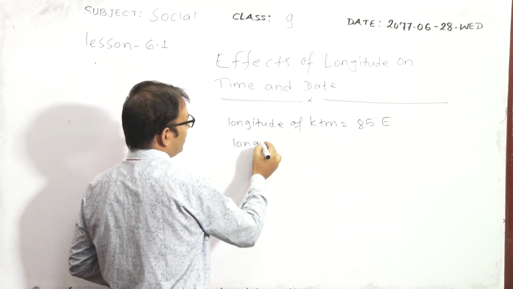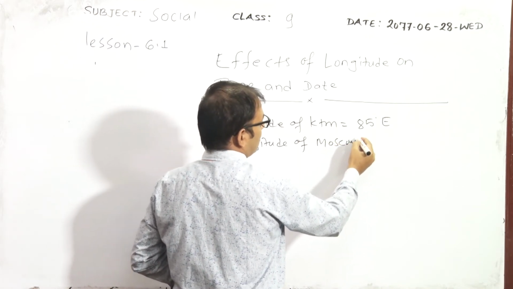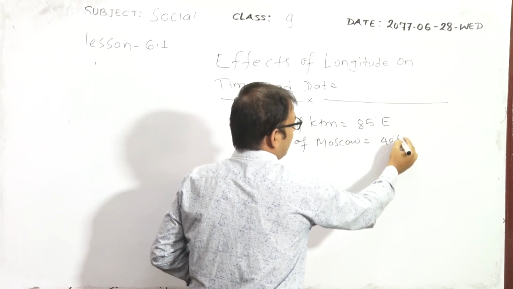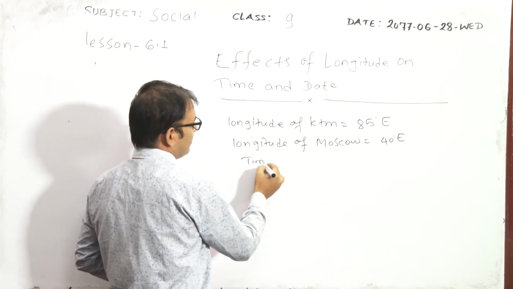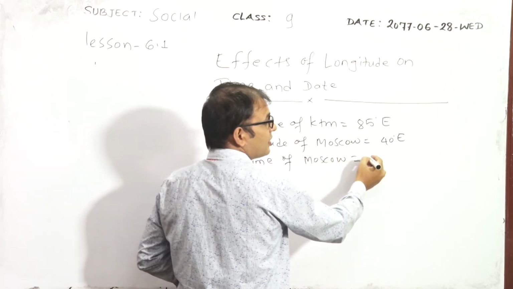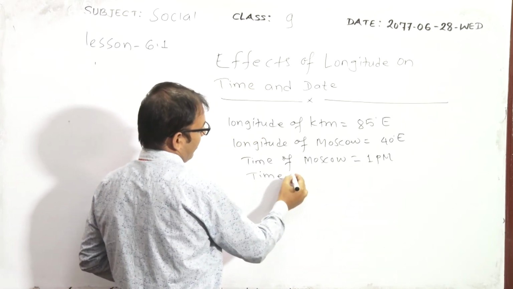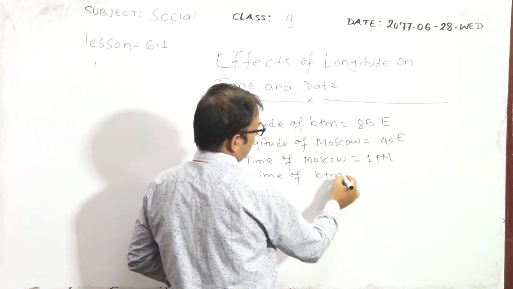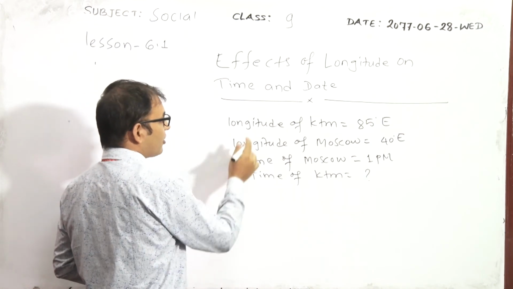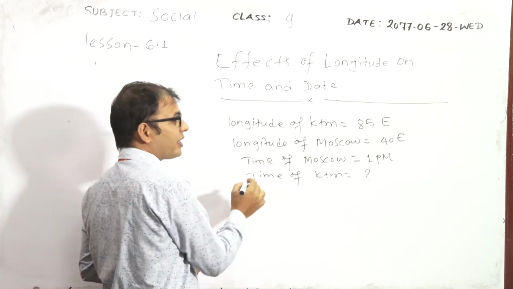Similarly, the longitude of Moscow is equal to 40 degrees east. The time of Moscow is 1 p.m. So, what is the time of Kathmandu? This is the question, and for taking out the time of Kathmandu, we have to find out the longitudinal difference.